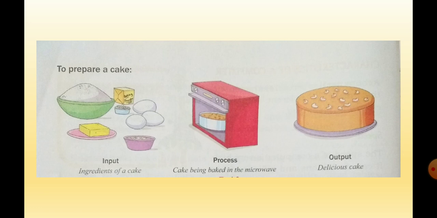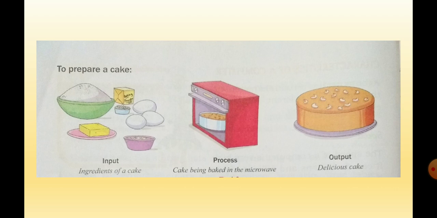So this is one example to prepare a cake. Here, as you can see, input, process and output. Say we have to bake a cake. For that we will collect all the raw materials we require, isn't it? Then in a bowl, one by one you will put each ingredient.